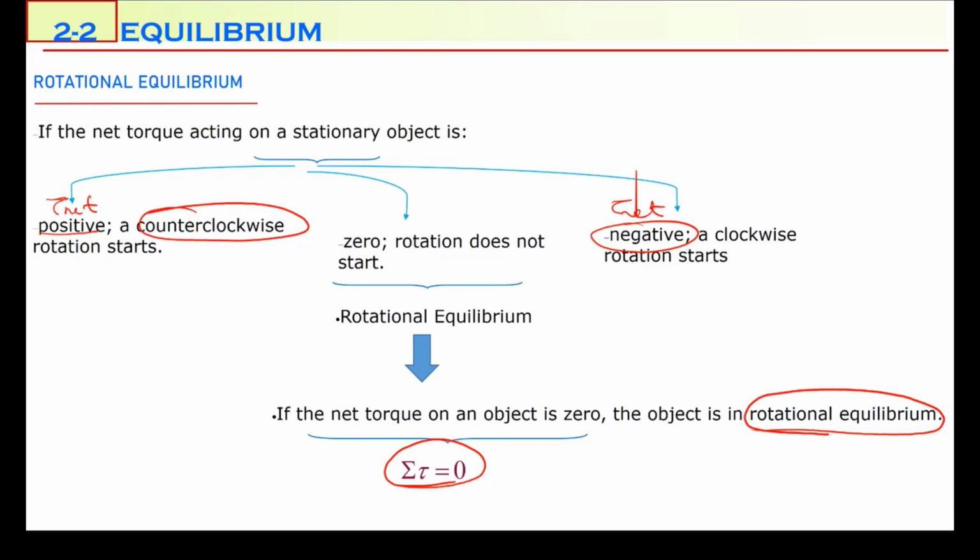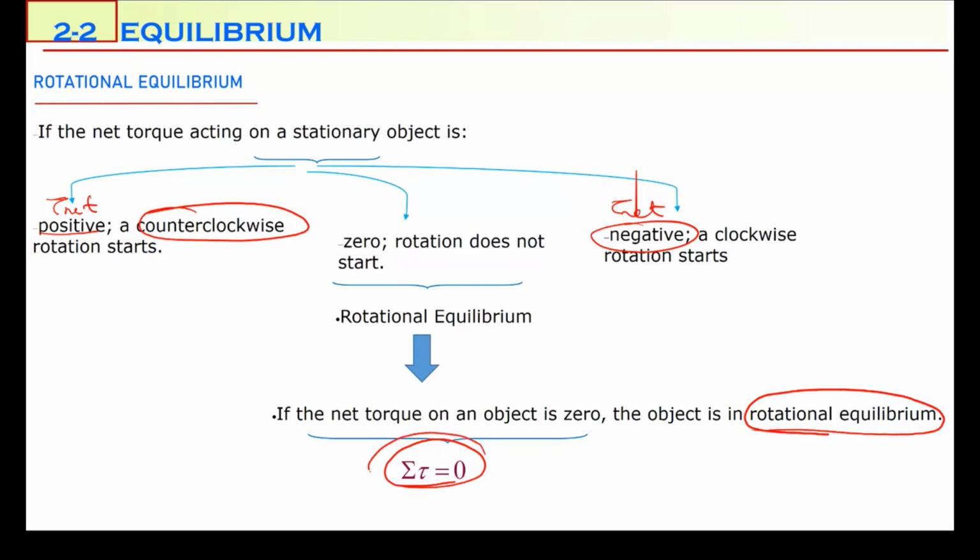And in this section, because initially your object will generally be at rest, stationary, if net torque acting on the stationary object is 0, it will stay in rotational equilibrium. It will stay stationary as well.